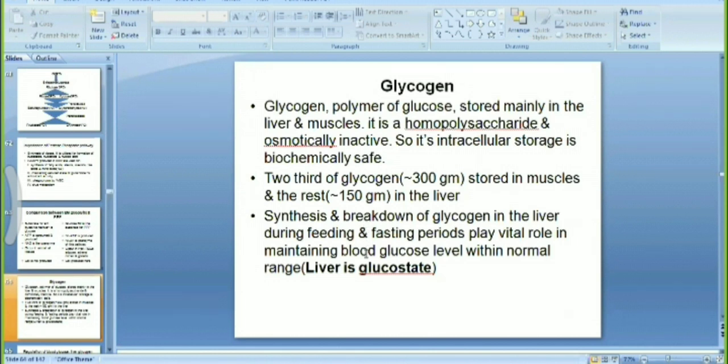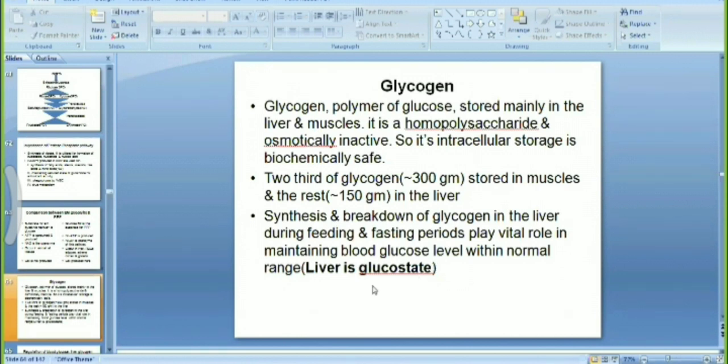Liver is called glucostat because immediately after a meal, when blood glucose level becomes very high, it lowers the blood glucose level to normal level, and in fasting period, in between meals, when blood glucose level is decreased below the normal, it elevates the blood glucose level.